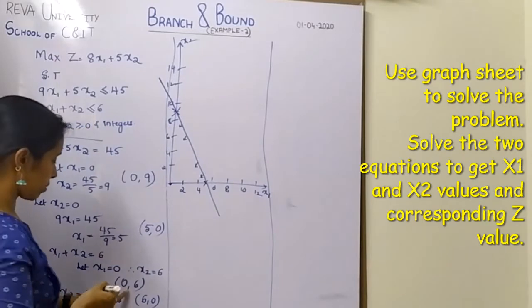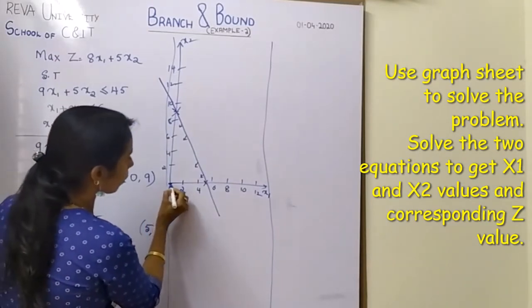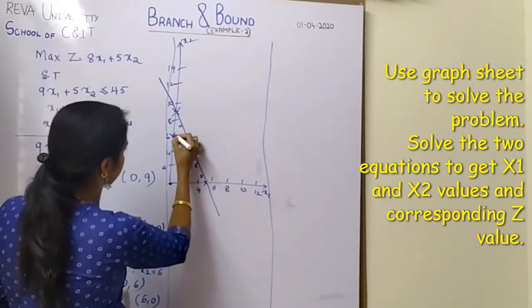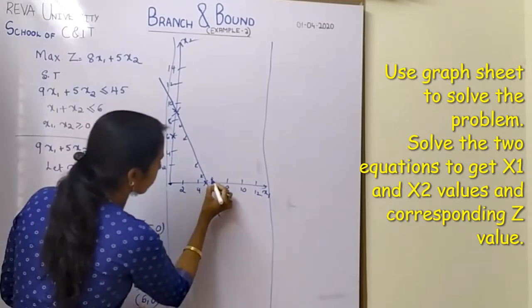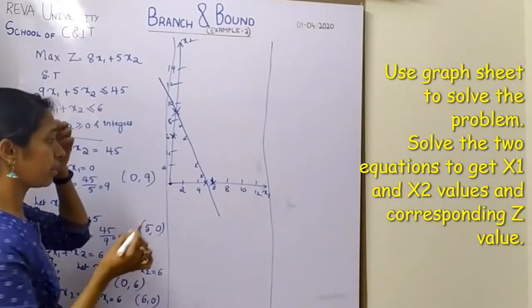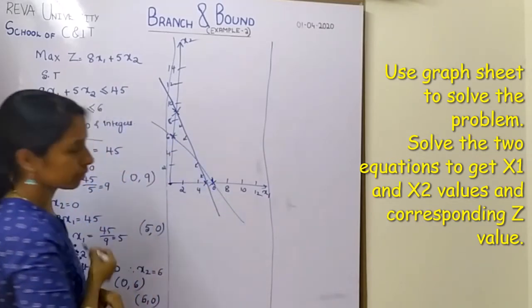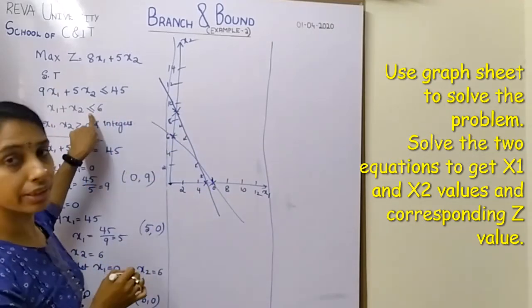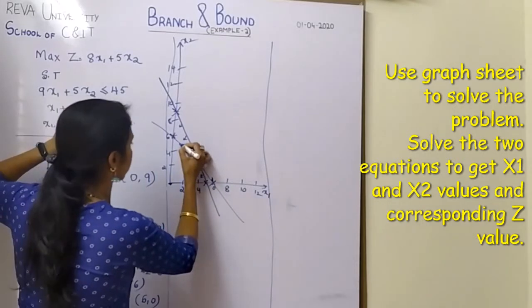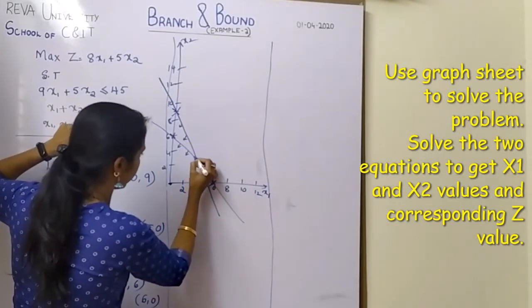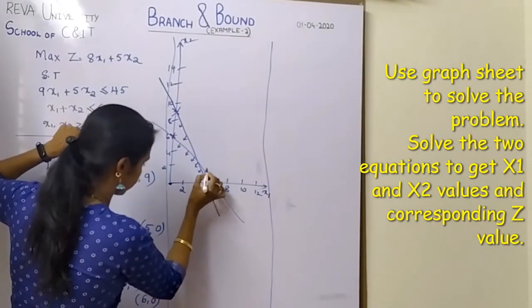So to draw this, (0, 6) is here, (6, 0) is here. Join this like this. Again, what is the constraint here? Less than. So your value will be within this.